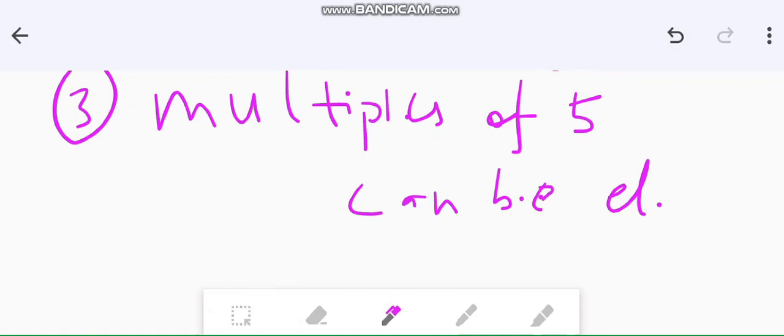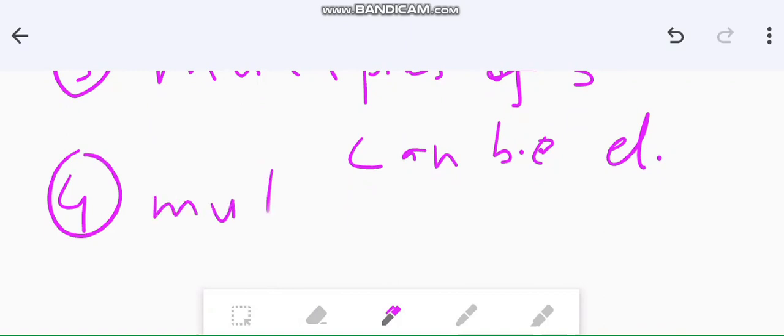Eliminated. Now the next prime is 7. 7 doesn't fall under multiples of 2, 3 or 5. So now let's eliminate the multiples of 7.